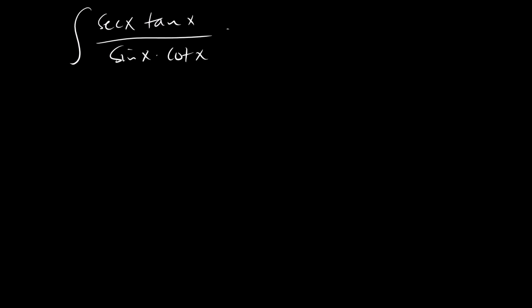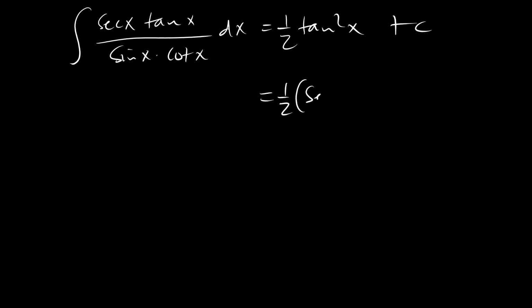Now, the important part here is we've said that the integration of secant of x times tangent of x over sine of x times cotangent of x is equal to a half tangent squared of x plus c. But also tangent squared of x is the same as sec squared x minus 1, right?